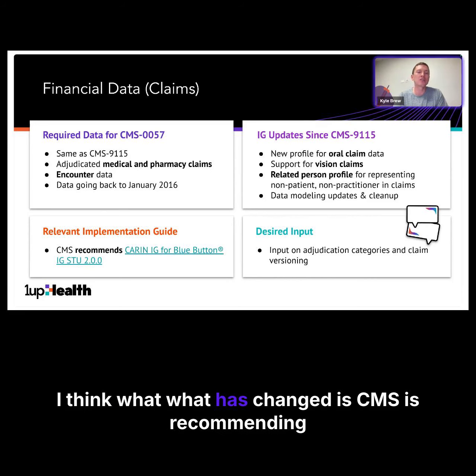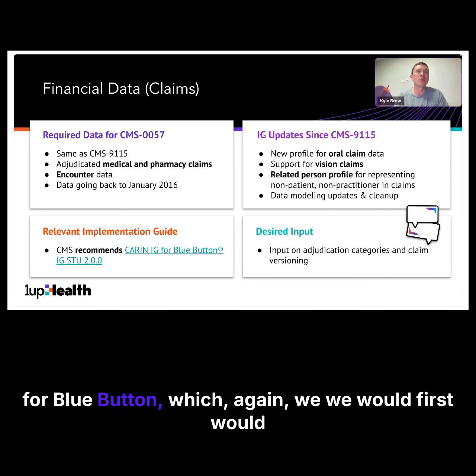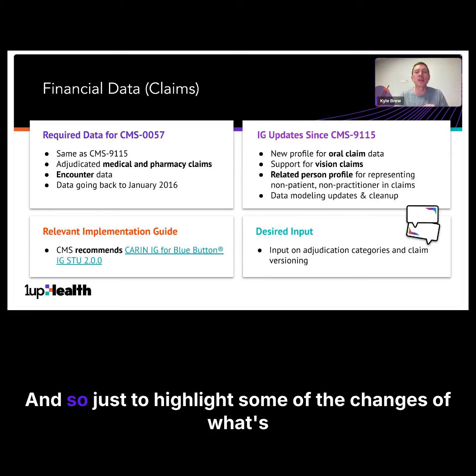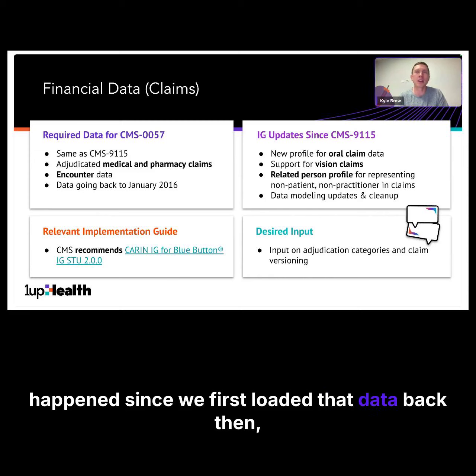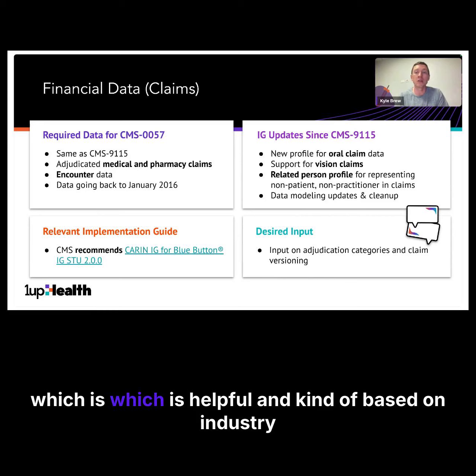What has changed is that CMS is recommending a more recent version of the CARIN implementation guide for Blue Button, where we would have loaded an earlier version of this IG back in 2021. To highlight some of the changes since we first loaded that data, there's more specific guidance for dental and vision, which is helpful and based on industry feedback.